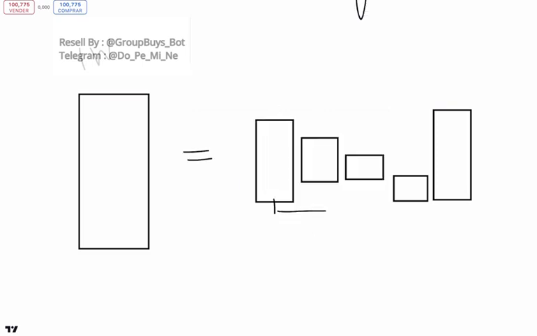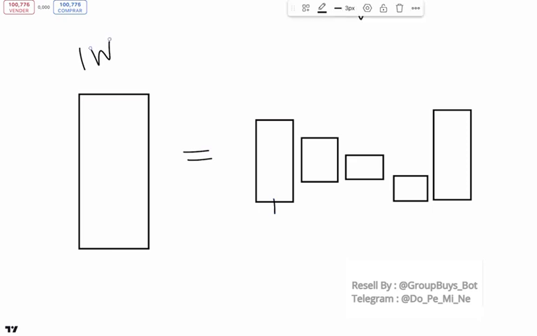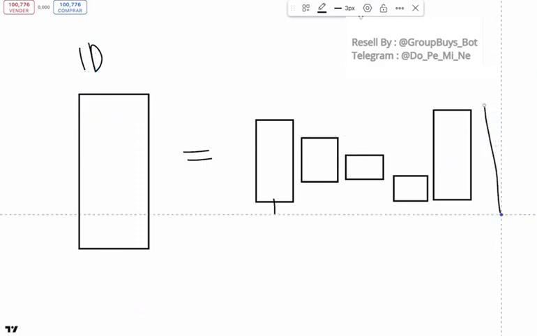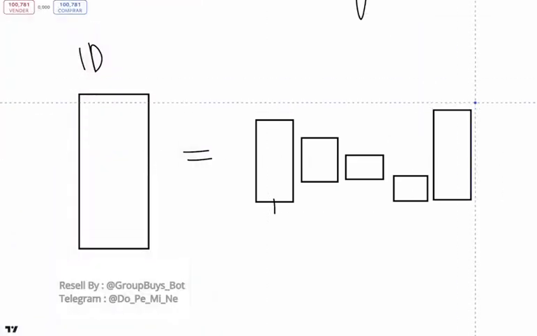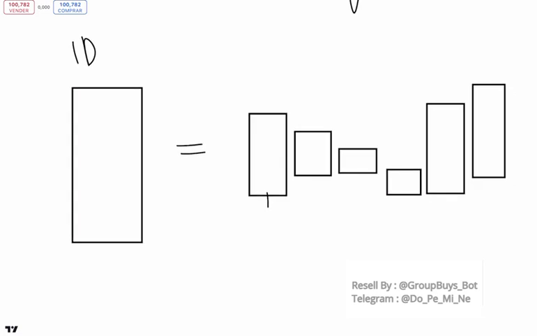This is a 1-day candle right here, a daily candle, which is basically 6 4-hour candles, right? 159, 159.